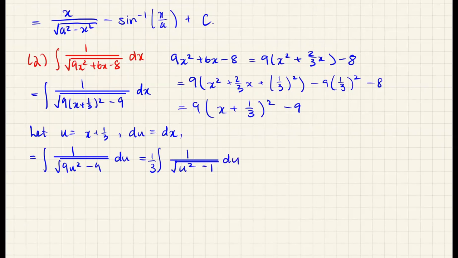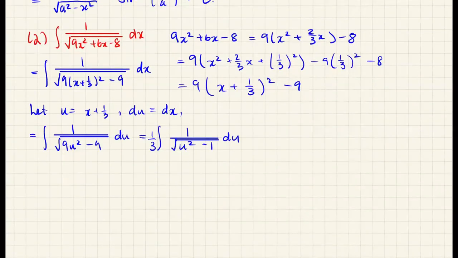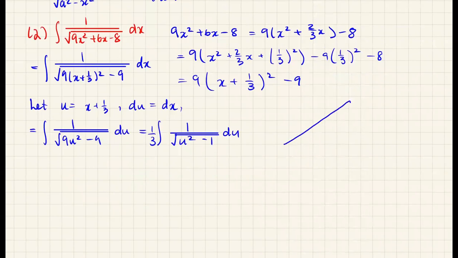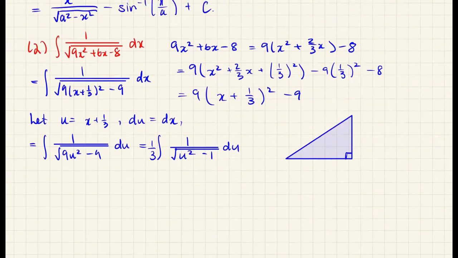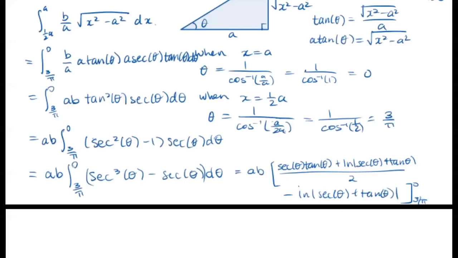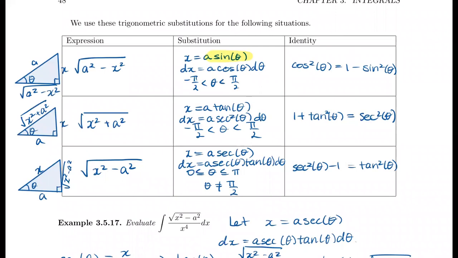All right, so now we're going to make a substitution here once again. So this is another trig substitution. So if we consider a right angle triangle, let's go back to our table. So we have the x squared minus a squared, so we have u squared minus 1.